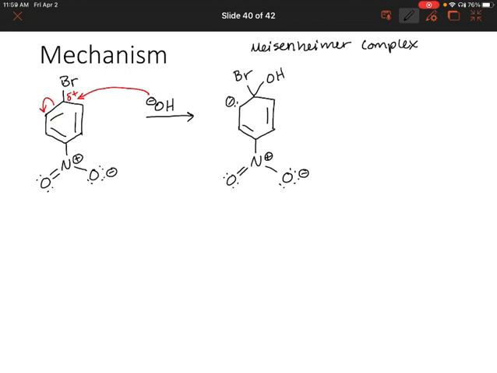Now, what's great though here is that negative charge can move down the ring all the way to oxygen. So now we have two negatively charged oxygens.